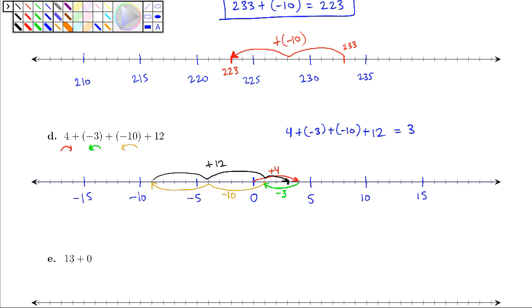We could say we do the 4 plus 12, those are the two positive numbers, and we do the two negative numbers, negative 3 and negative 10. So 4 plus 12 is 16. And here we're going in the negative direction a total of 13 units. And that will give us not negative 3, 3.